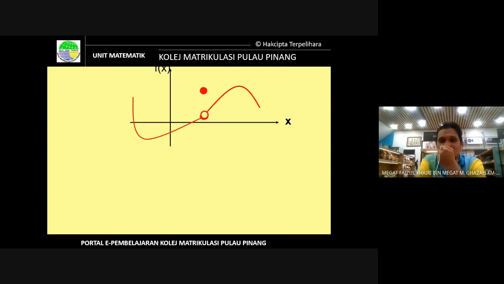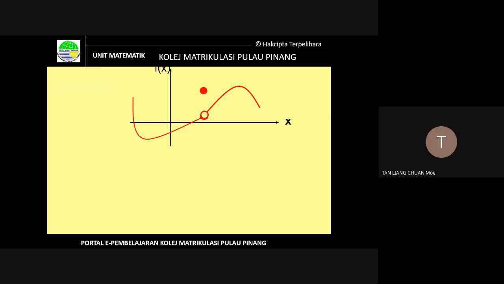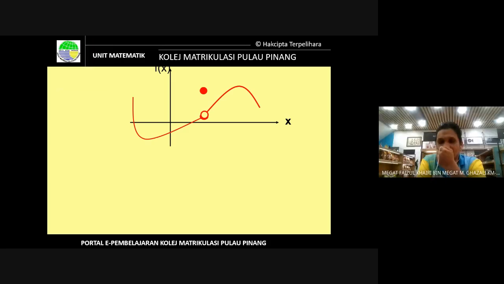Okay, what about this one now? Class, is this continuous? No. Good. Why? Because from here I sketch the graph smoothly, suddenly I stop, then I lift up the pen. Saya angkat pen. Then I point a dot here, then I need to lift the pen again and start the journey from here, continuing on the other side.